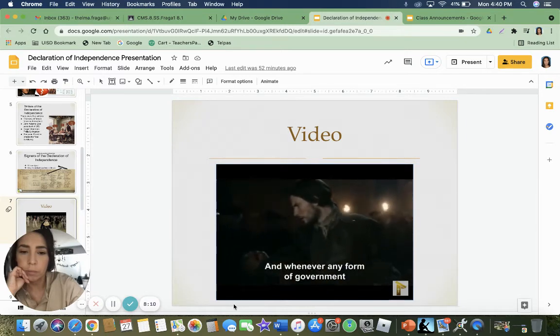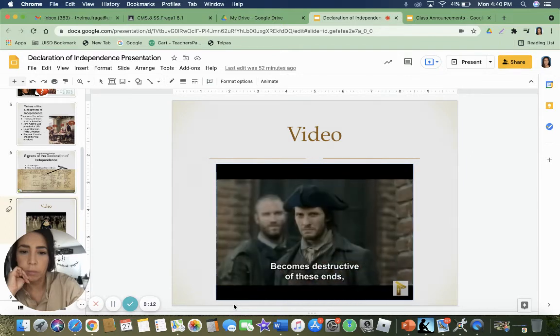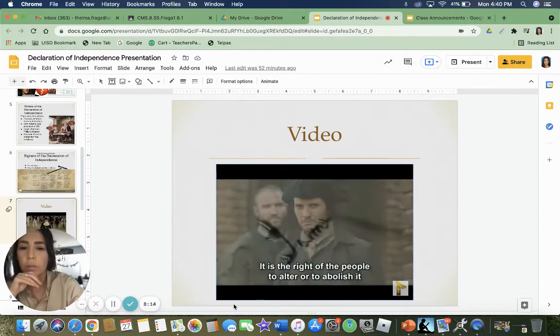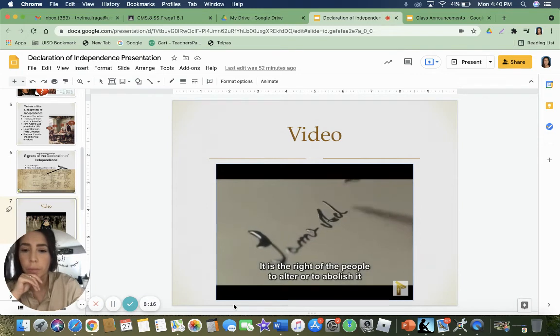And whenever any form of government becomes destructive of these ends, it is the right of the people to alter or to abolish it and to establish new government.